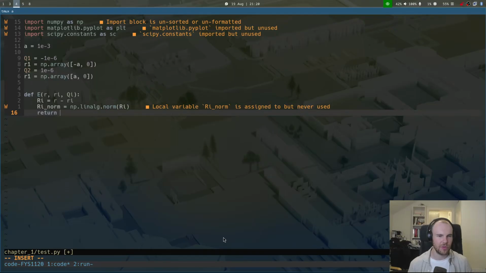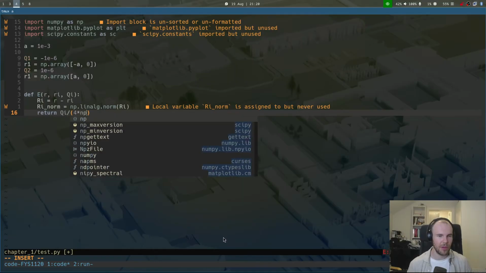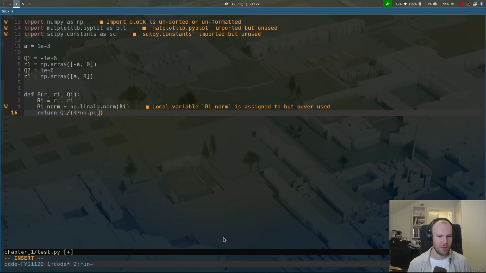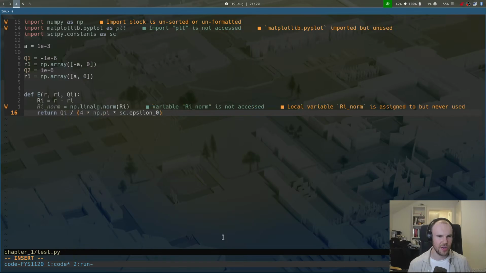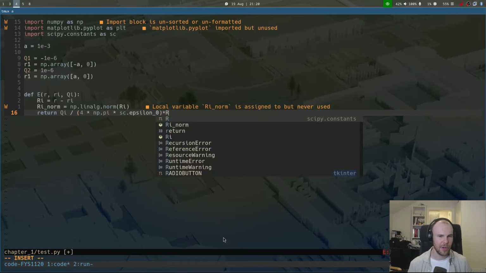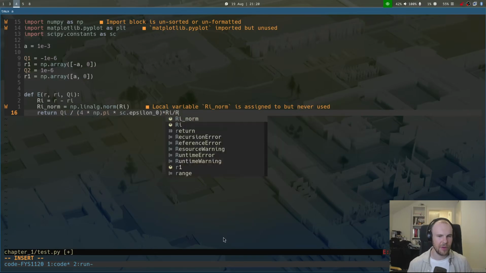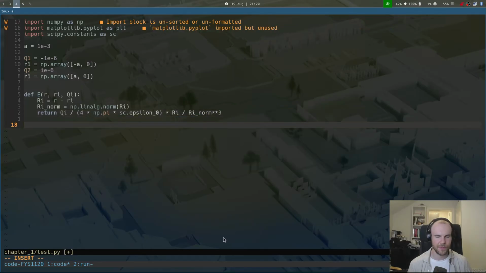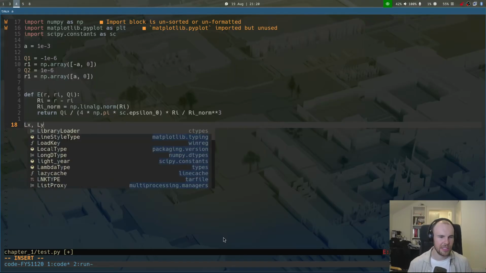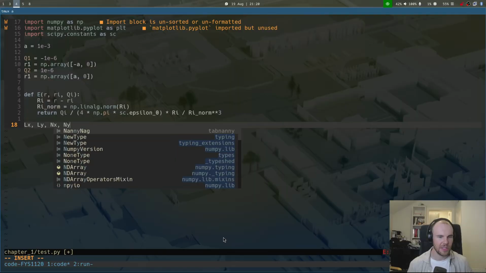Then we need to return Qi divided by 4 pi, so np.pi, and then a constant, epsilon 0. I need to multiply by Ri and divide by Ri norm cubed. Perfect. Okay. Now the usual approach, we need Lx, Ly, Nx, Ny.